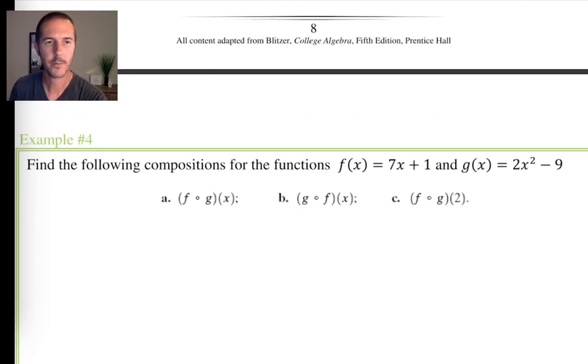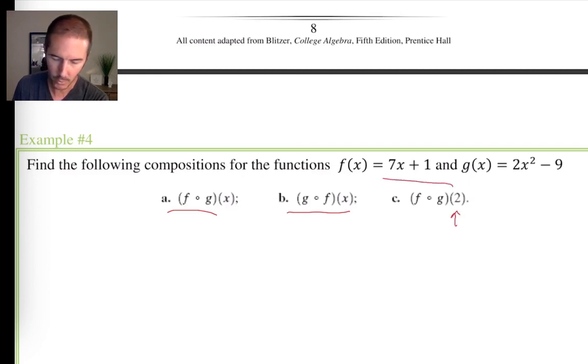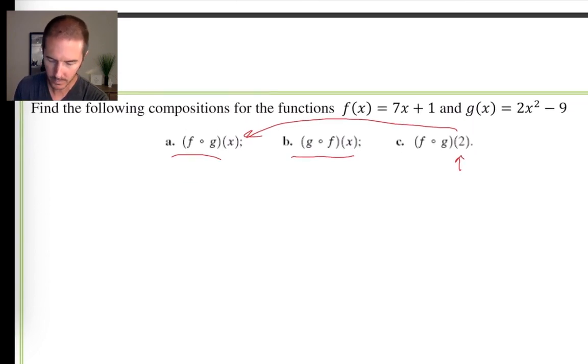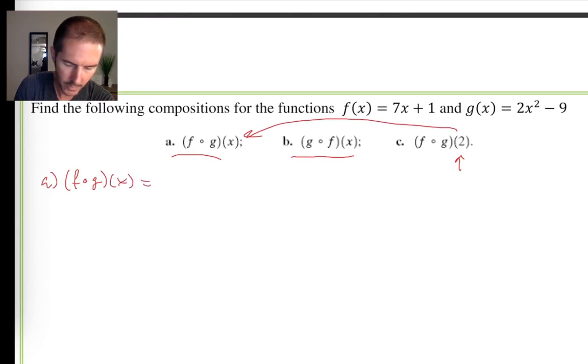So here are a couple of functions, and we're going to build these composites. We'll build f of g of x, we'll build g of f of x, and then we'll take the number 2 and actually plug it into f of g of x. Let's see what happens. So for part A, that's f of g of x, and of course I like to write it as f of g of x.